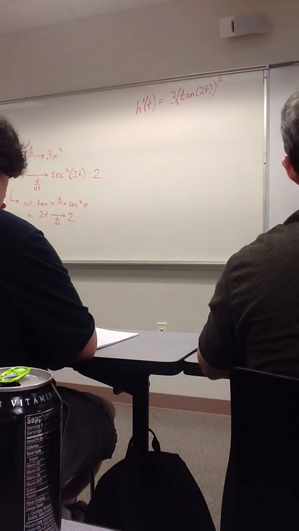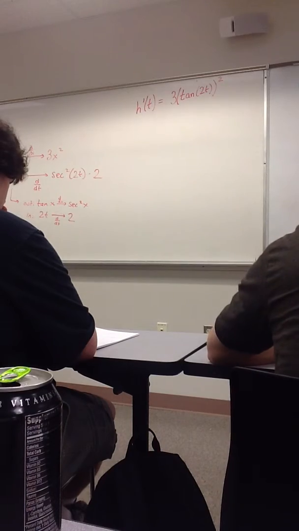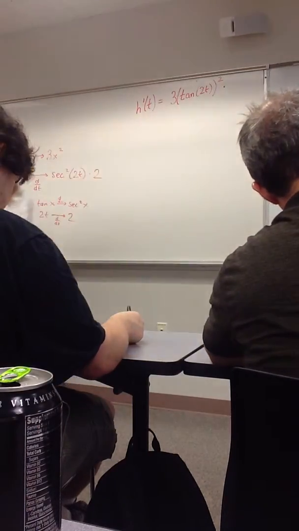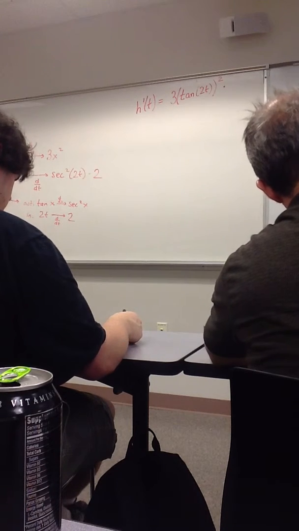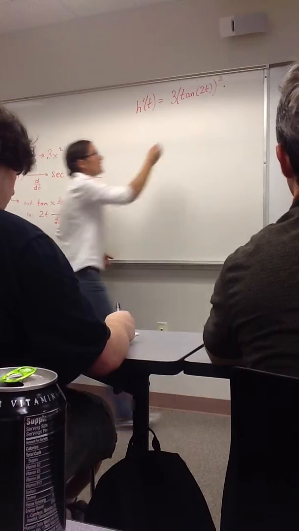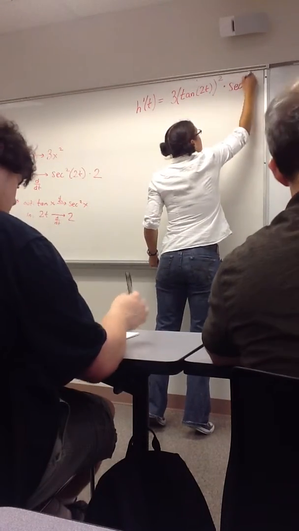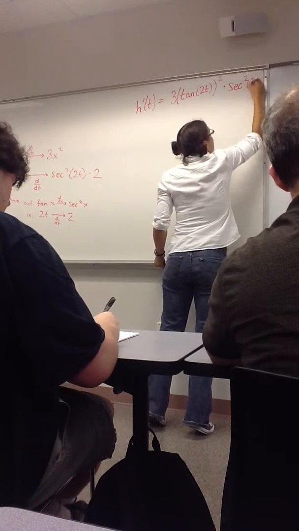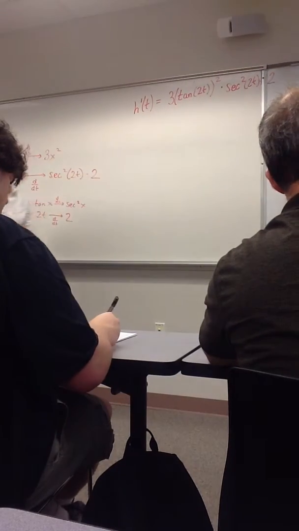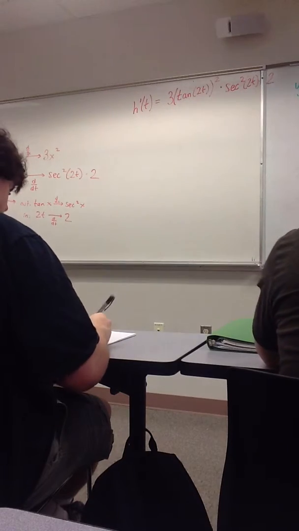Derivative of the outside, keeping the inside the same, times the derivative of the inside. Now our inside function was tangent of 2t. Its derivative is secant squared 2t times 2. Final answer.